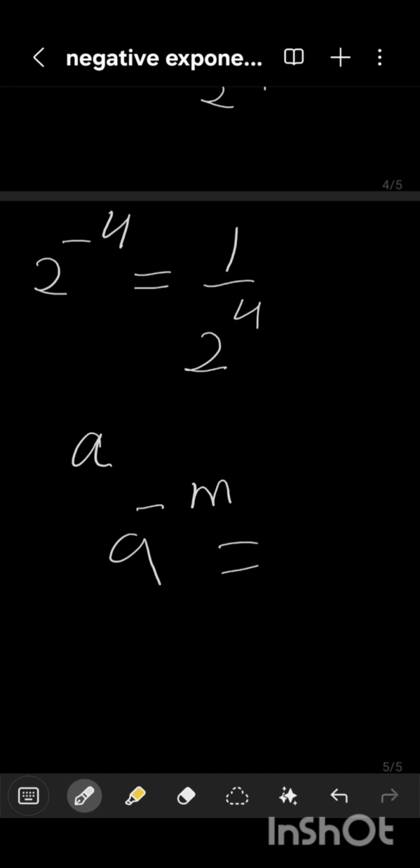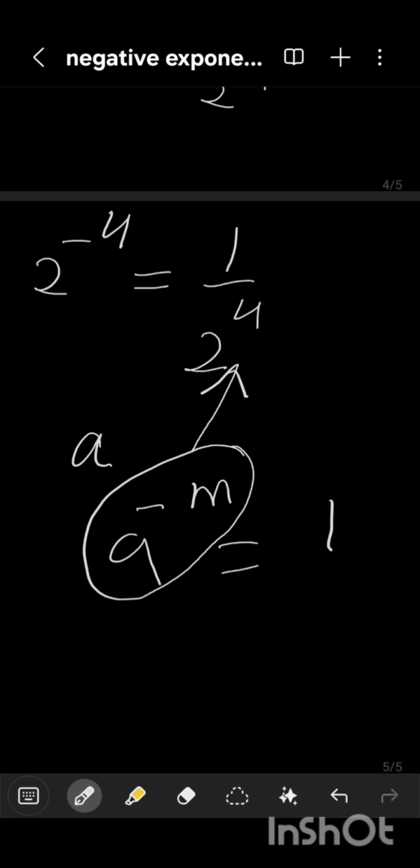So can you tell me how can I write a to the power minus m? Think easy. We can say 1 upon a to the power m. Just reciprocal. This is how we got this concept. A to the power minus m is called multiplicative inverse.